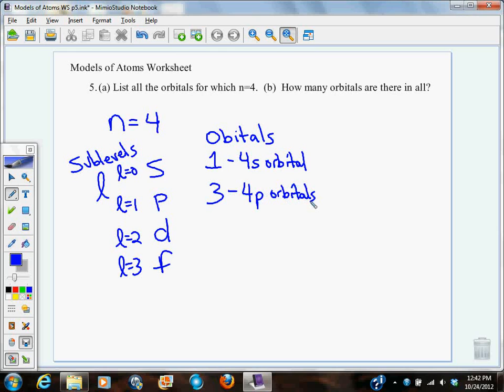Remember, the orbitals are about orientation. Now, for the d's, we have 5 4d orbitals. And finally, for the f's, we have 7 of the 4f orbitals.